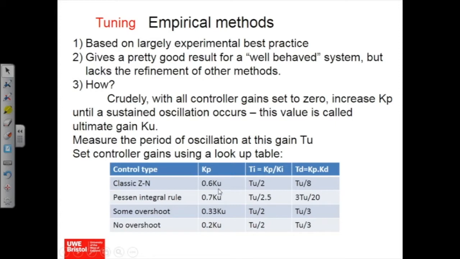And we've measured Ku, which is the ultimate gain. We've measured Tu, which is the period of that oscillation, and depending which recipe you prefer, you set your controller gains to these numbers.